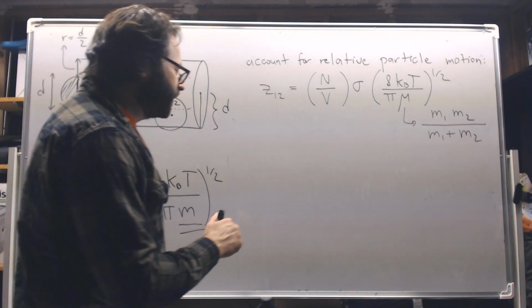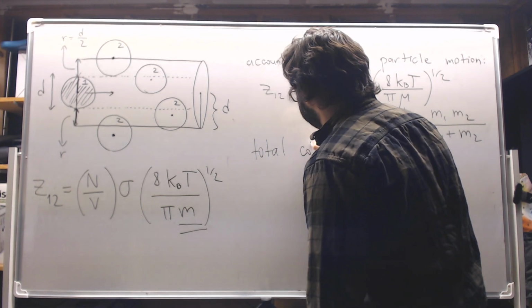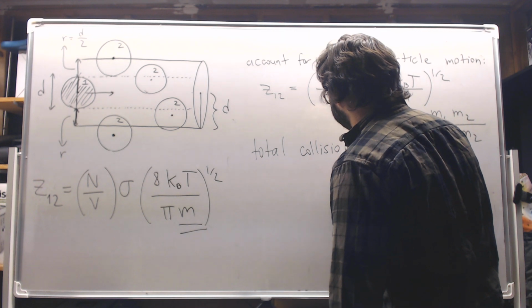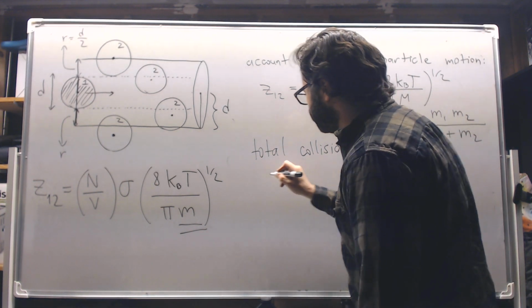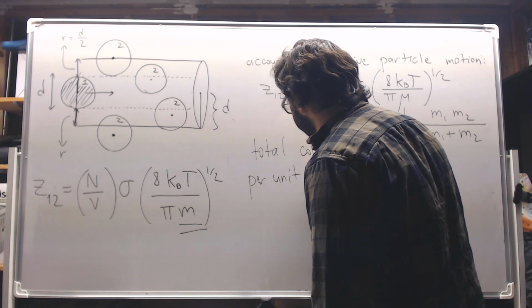And so one defines the total collision rate, and usually it's defined per unit volume, and you'll see why.